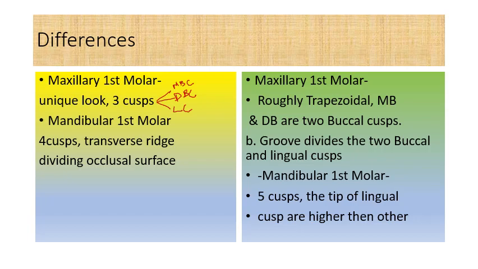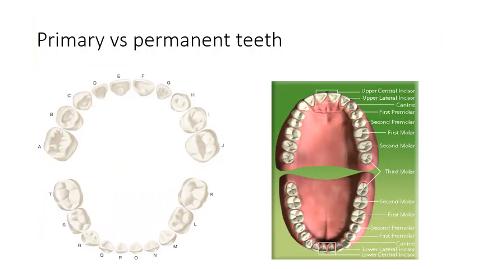So now we'll see the pictures. These are the pictures of the primary and permanent teeth. Here we can see the cusps and the grooves of the primary teeth. Here this is the primary first molar having 3 cusps only, right?